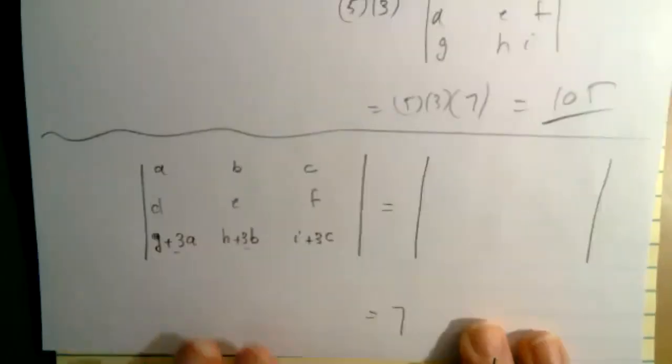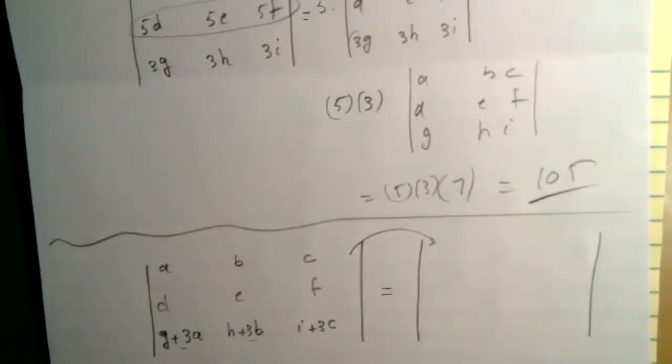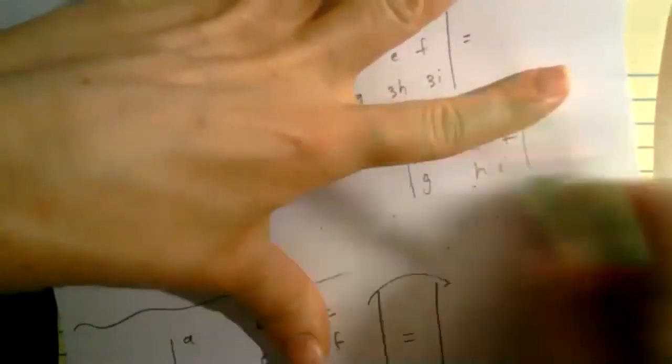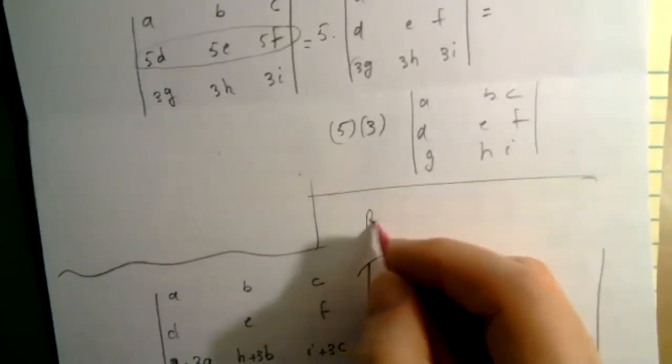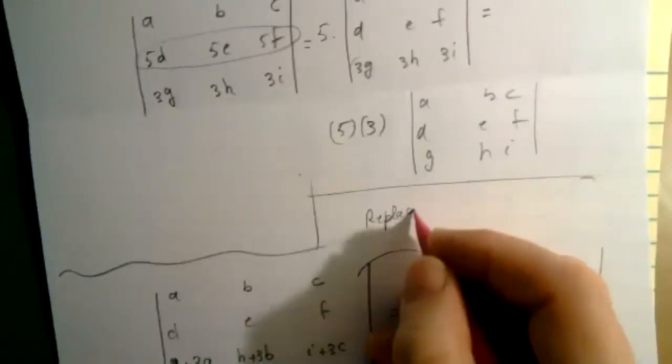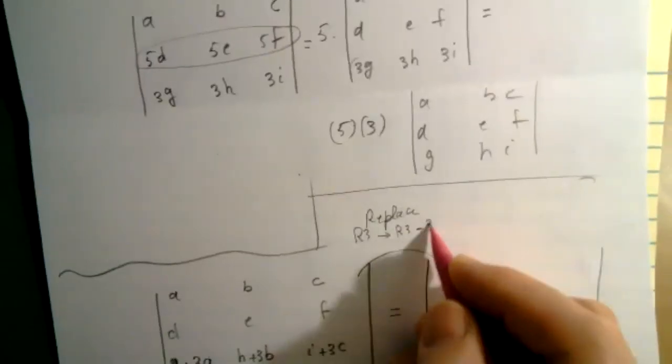This does not really change at all. But one way you can actually see it is to go from here to here by the following operation. I'm going to replace R3 by the sum of itself minus 3 times R1.